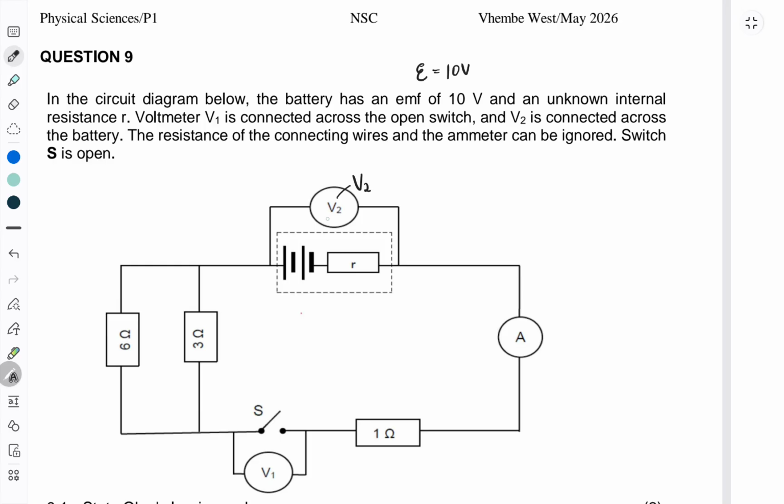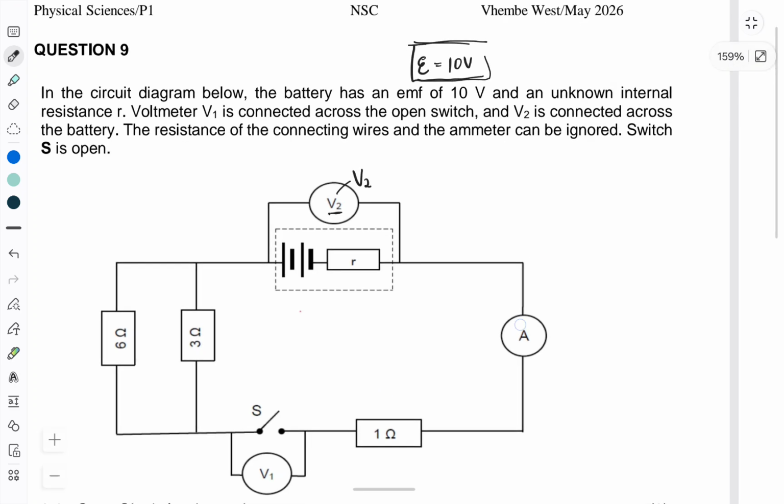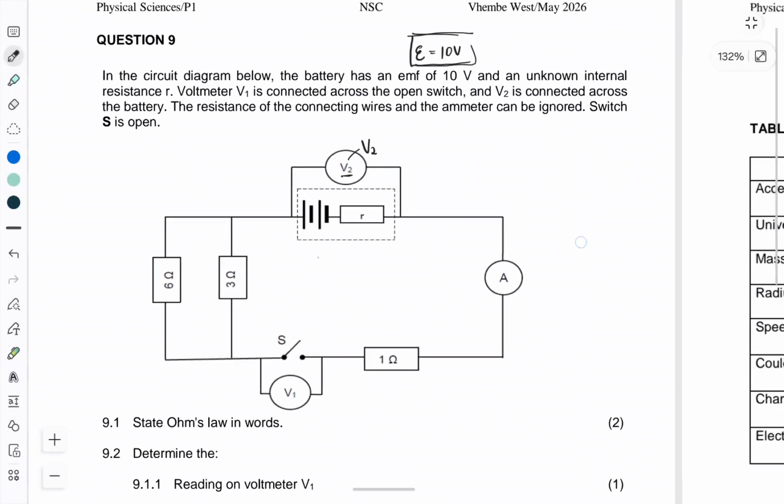Thereby, the potential difference measured by V2 will be lower than the battery's EMF. You'll find that maybe it's 9 or 9.8 or something like that, depending on how big the internal resistance of the battery is. That's what usually happens.